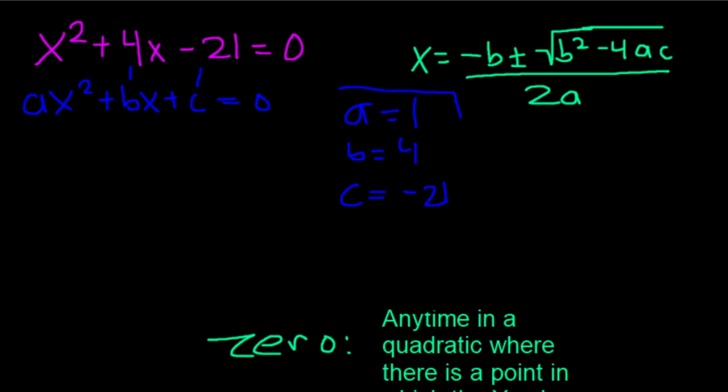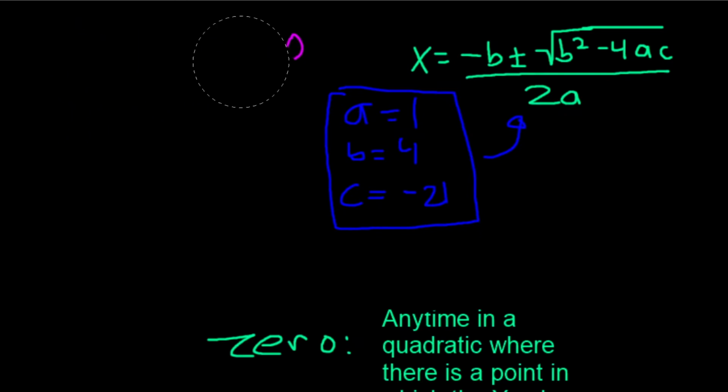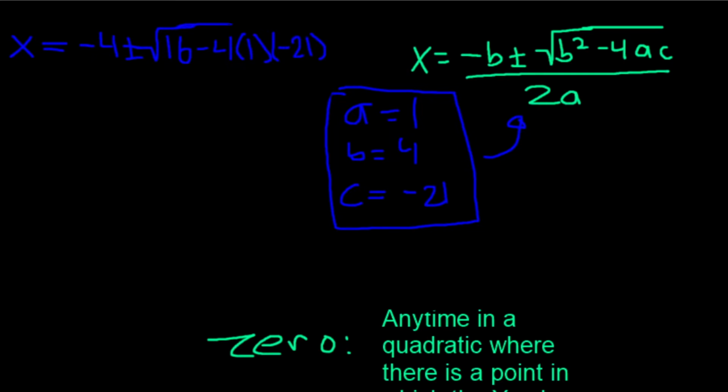So now that you know your a, b, and c, you can substitute them into the quadratic formula. Now you have x is equal to negative b, which is negative 4, plus or minus the square root of b squared, which is 16, since 4 squared is 16, minus 4 times a, which is 1, times c, which is negative 21, all divided by 2 times a, which is 2 times 1, just 2.